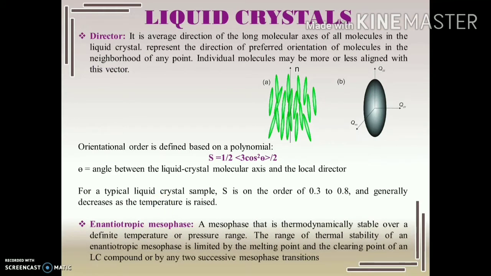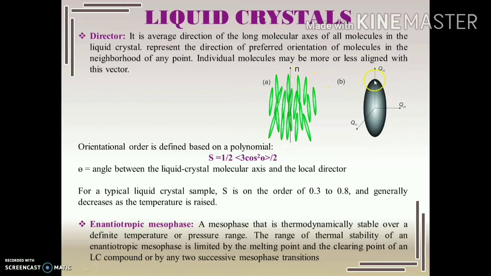Next term is the director. The director is actually the average direction along which most of the molecules are aligned. In other words, it is one of the preferred orientations of the molecules. For example, in this particular figure, most of the molecules are aligned in this direction, so obviously this will be the director of that particular state.